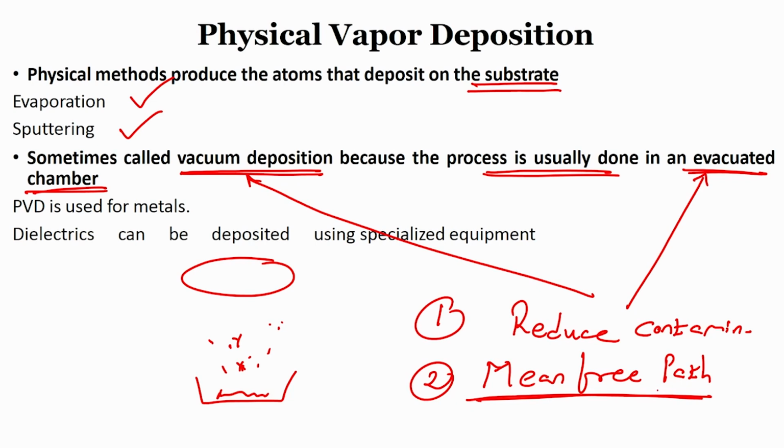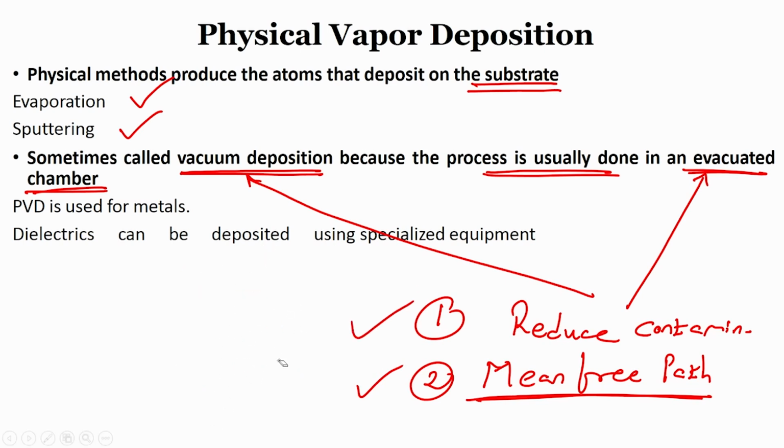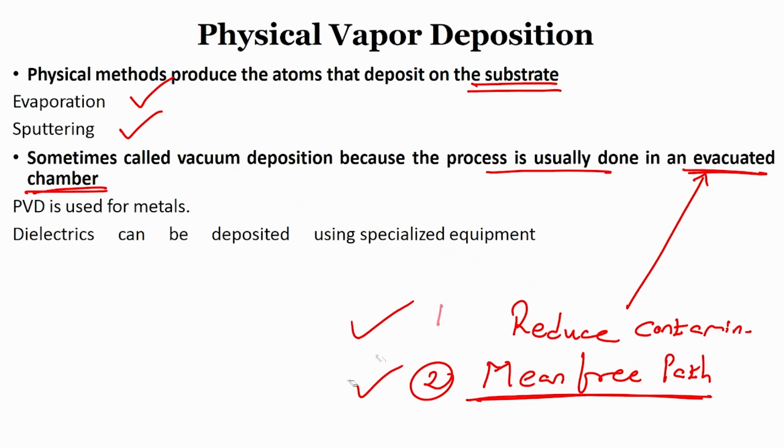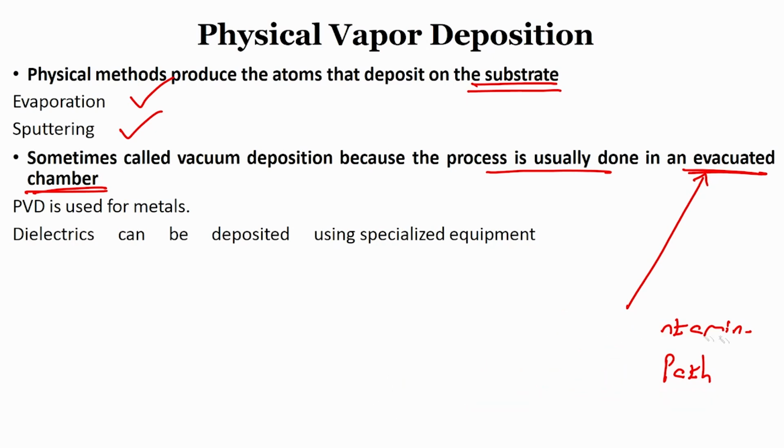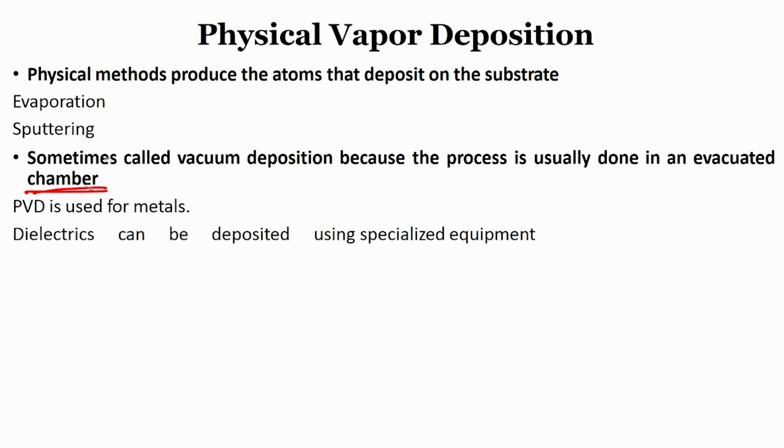So, two things we understood: we have to increase the mean free path, and we have to reduce the contamination. To do that we have to create a vacuum. So, sputtering or evaporation, or in general thermal physical vapor deposition, is usually done in a vacuum.